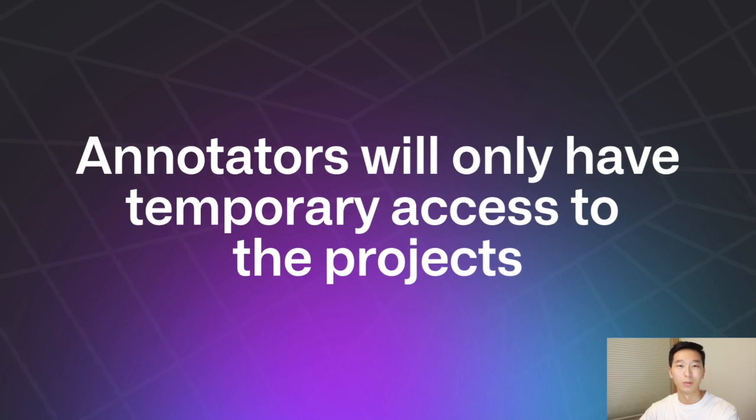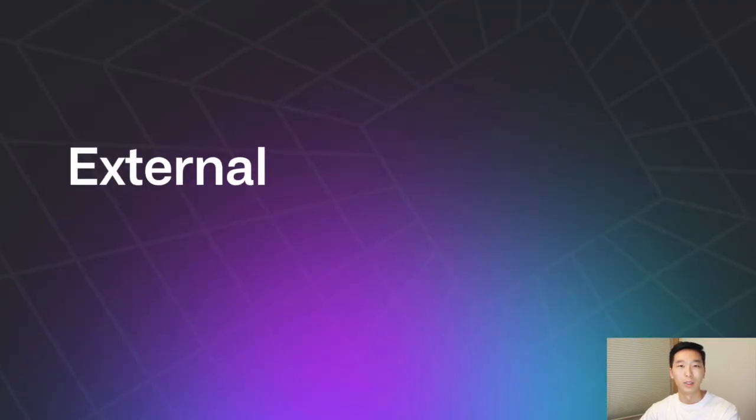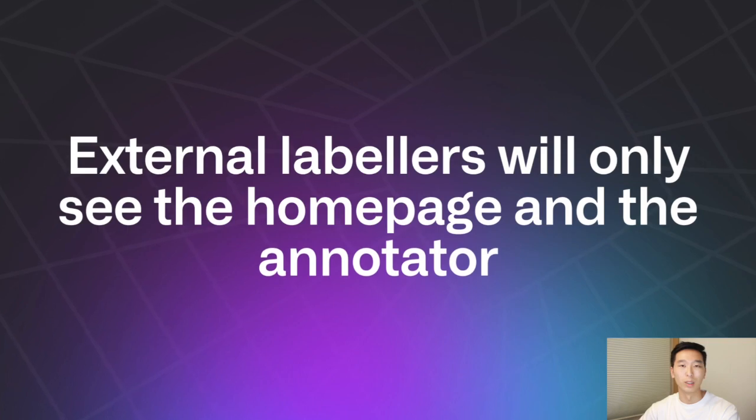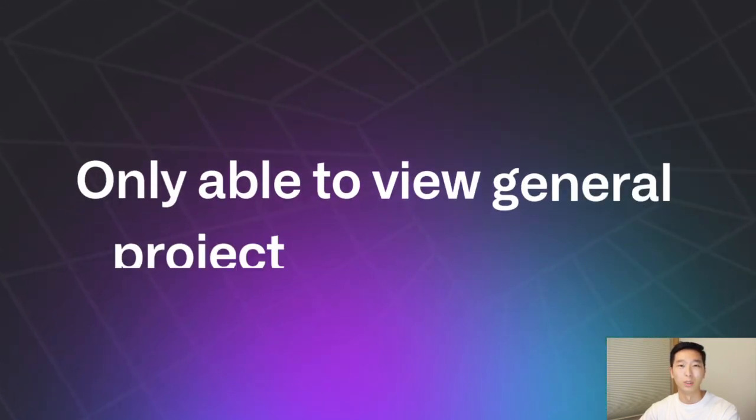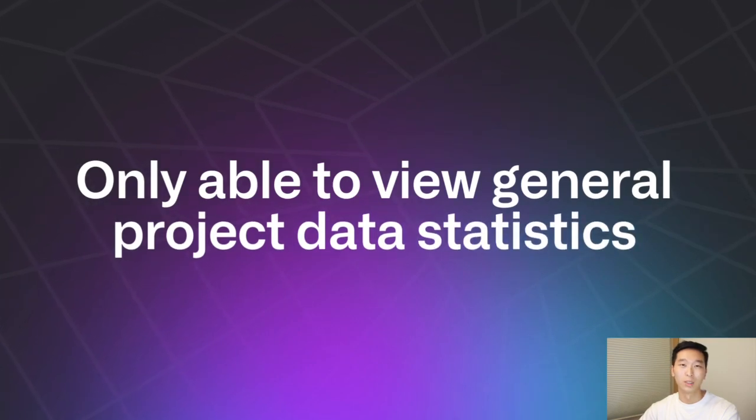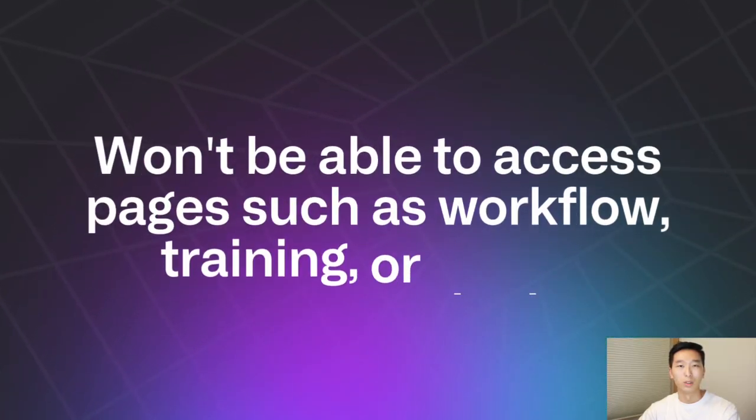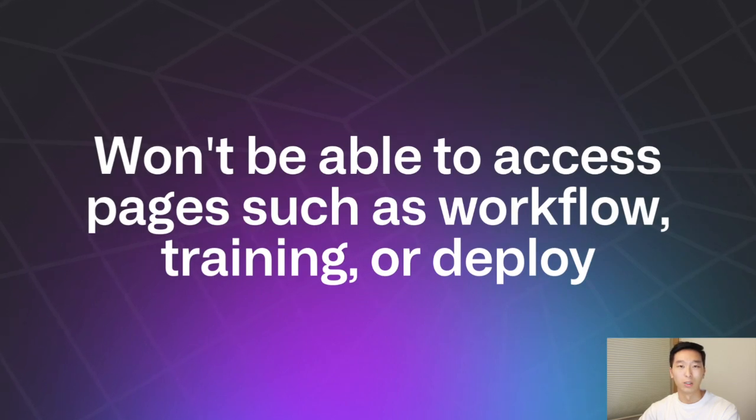While they're on platform, they will only be able to see two pages, the home page as well as the annotator page. On the home page, the information there will be just general project statistics, which will help them with annotation job tracking, but they will not be able to see any private information such as your email or any other sensitive data. They also won't be able to access any other important pages like the workflow page, the artifacts page, or the deploy page.